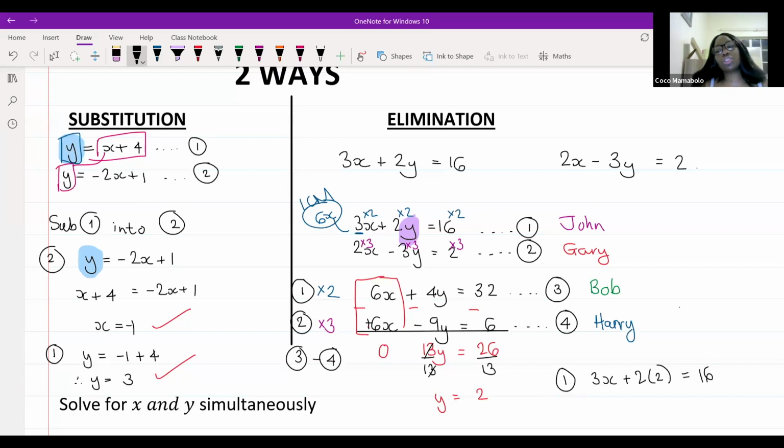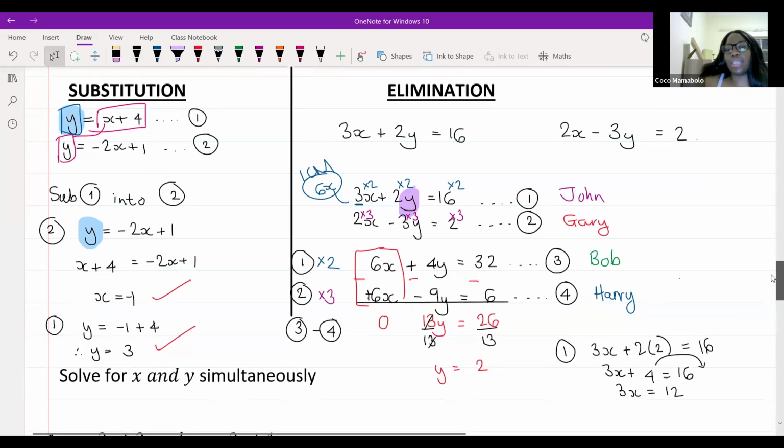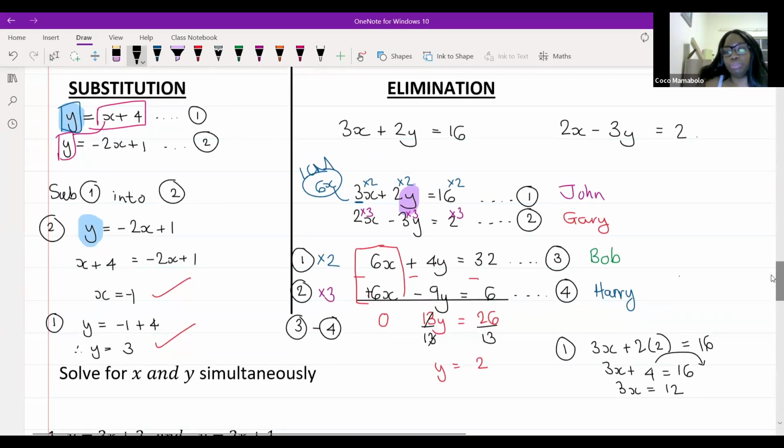And then I can just solve for x. I'm going to get 3x plus 4 is equal to 16. Therefore, 3x is equal to 16 minus 4. That's going to give me 12. And that means that x is equal to 4.